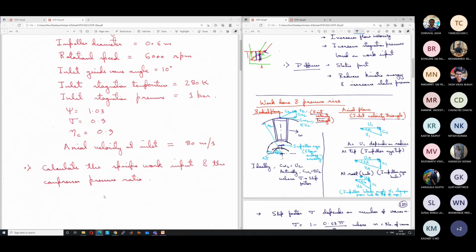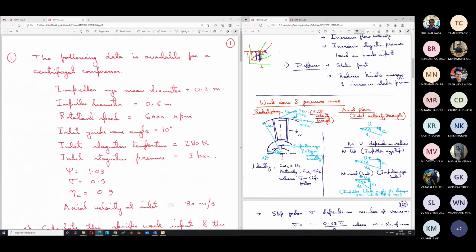Let us quickly summarize what we have. We have the eye mean diameter D1 and also D2. D1 is 0.2 and D2 is 0.6. We'll do the calculation based on the mean diameter of the eye. Rotational speed is 100 rotations per second, 6000 RPM.